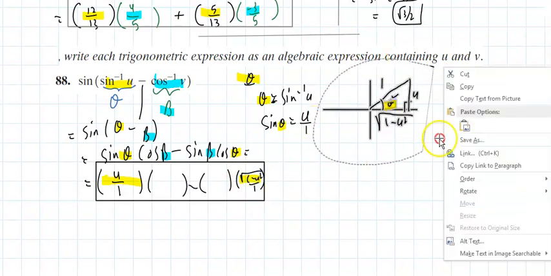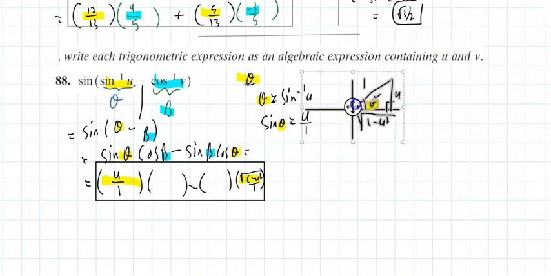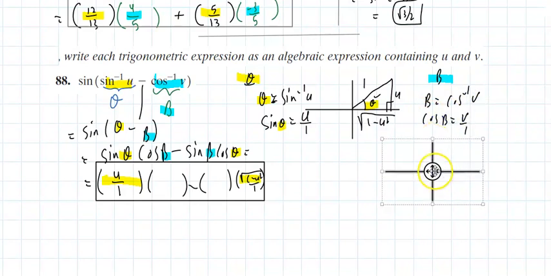And I need to do the same thing for beta. So I take beta on the side, and I say, well, if you let beta equal the cosine inverse of v, that means cosine of beta must have equaled v over 1. And again, they're never going to tell you that v is negative. That's the good news here in calculus.